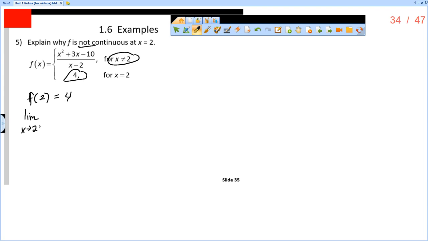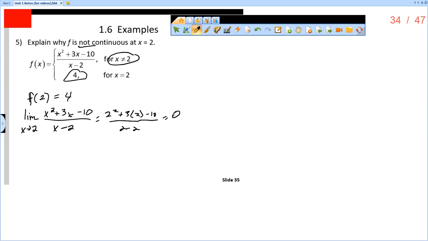All right. Then we want to evaluate the limit as x approaches 2 of f of x. If we're approaching 2, remember that's only the top piece. So really we're just evaluating the limit as x approaches 2 of just the top piece. I do that by evaluating the function at 2. So I get 2 squared plus 3 times 2 minus 10 over 2 minus 2. 2 squared is 4 plus 3 times 2, 6.